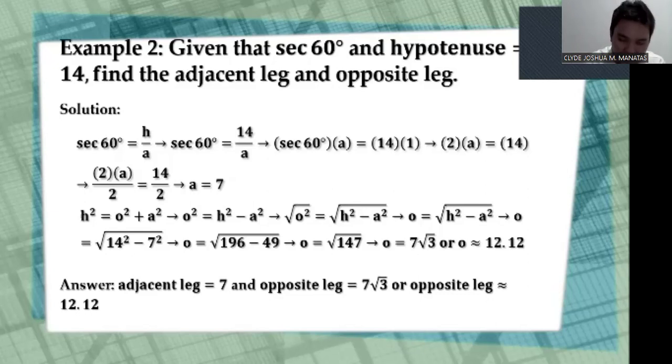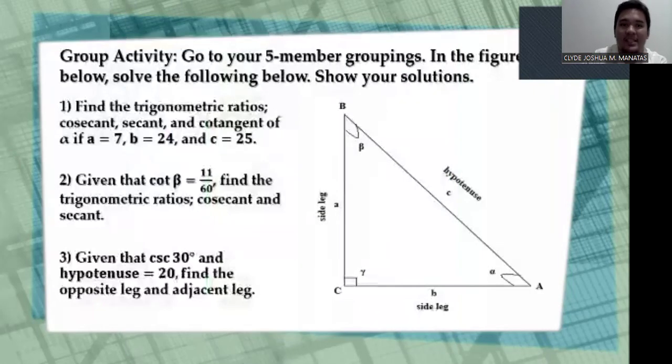If none, then we have a group activity. Please go to your 5-member groupings that I already created. Find your places and be sure to have one whole sheet for your solutions and your answers.